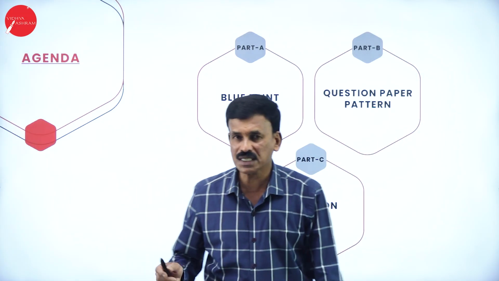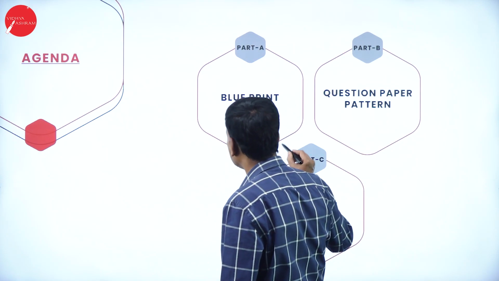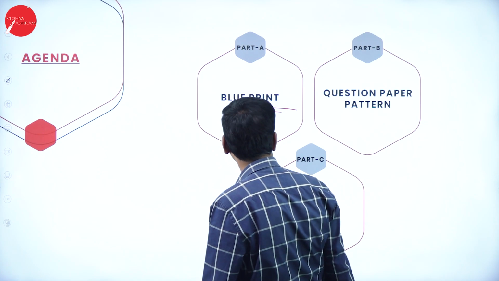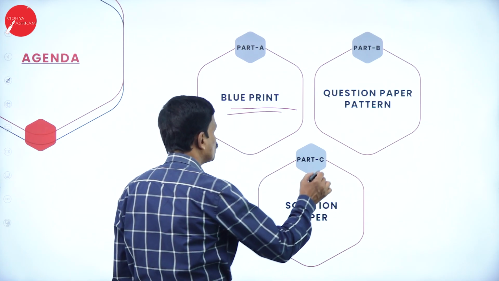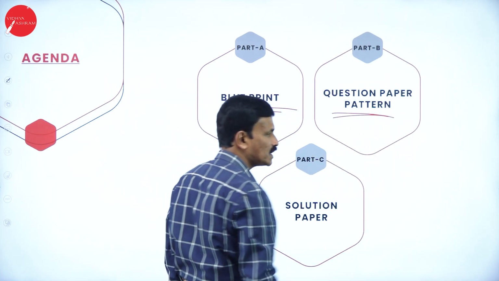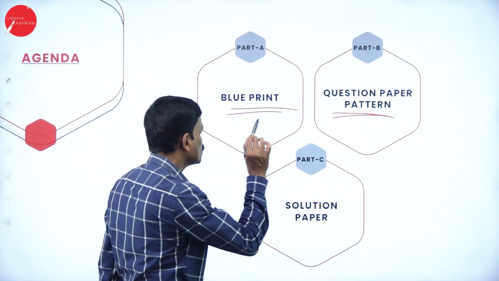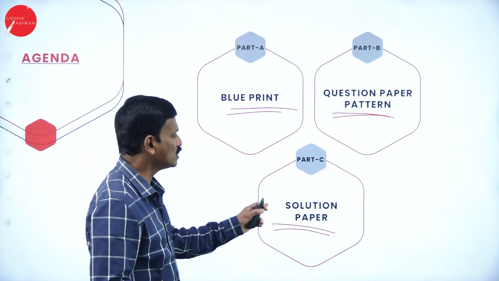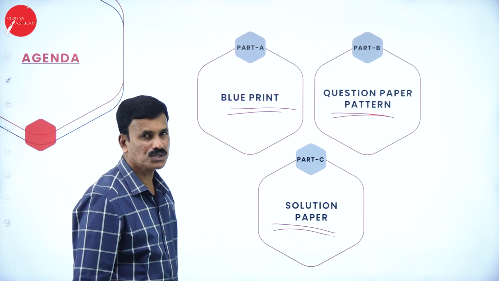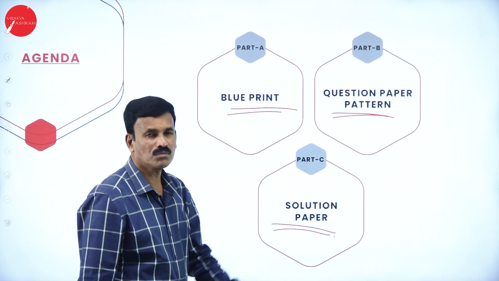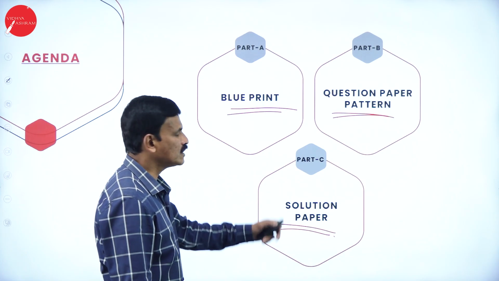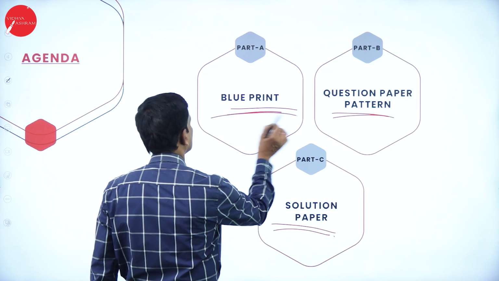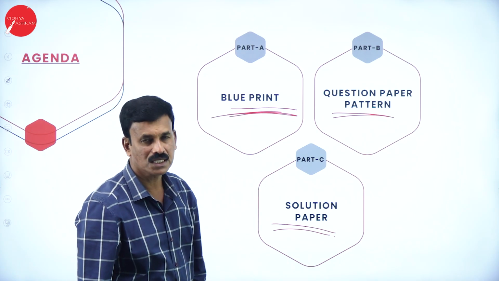Today's agenda is the blueprint of the subject, the question paper pattern for the final examination, and the solution for this question paper pattern, that is the solution for the model question paper, along with the blueprint for the entire syllabus.